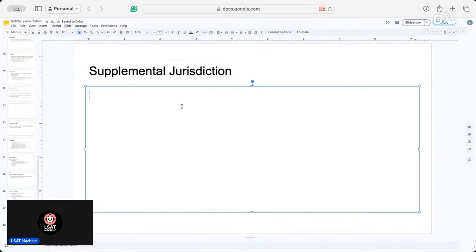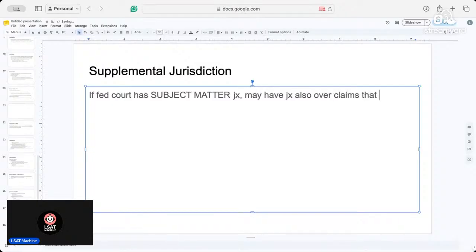Okay. So, if Fed court has subject matter, I'm going to capitalize this because it'll just stand out more, SMJ, and SMJ just means jurisdiction, may have jurisdiction also over claims that share "common nucleus of operative fact."